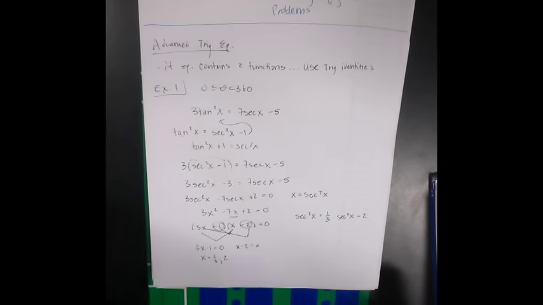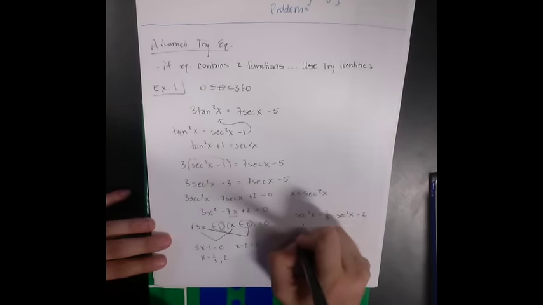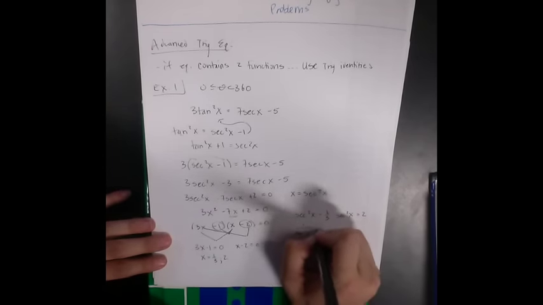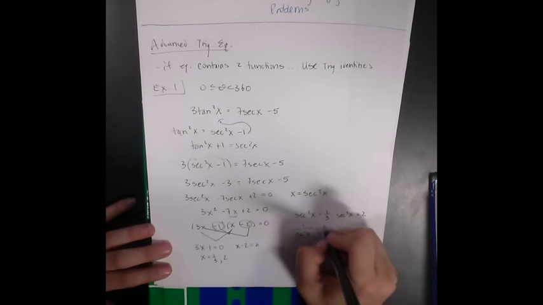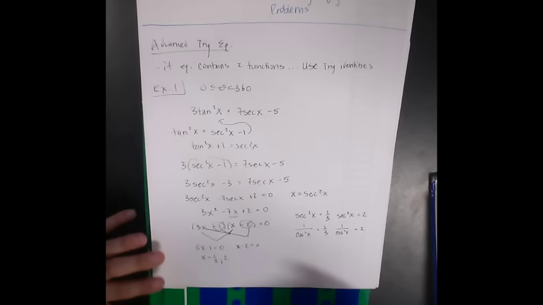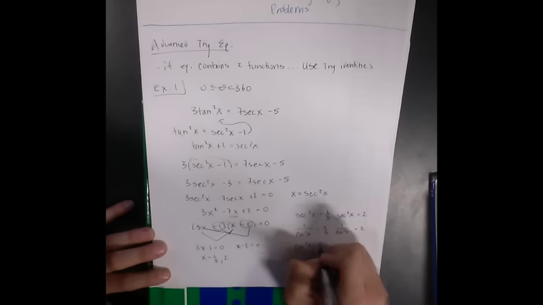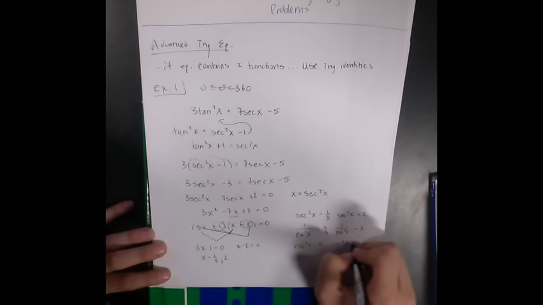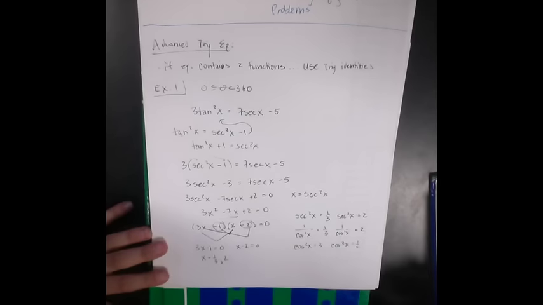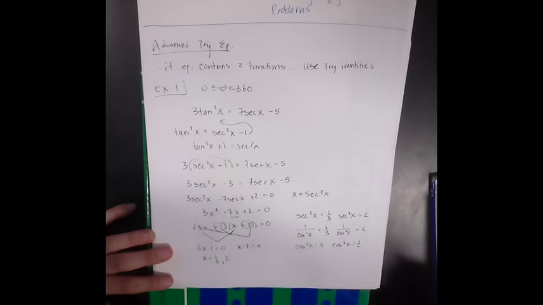Now what I'm going to do is rewrite this. It's secant, which we know is 1 over cosine. So I'm going to say 1 over the cosine squared of x equals 1/3 and 1 over the cosine squared of x equals 2. Then I'm going to flip my fractions. Cosine squared of x equals 3 or the cosine squared of x equals 1/2. Here we know that cosine squared of x is not going to equal 3.